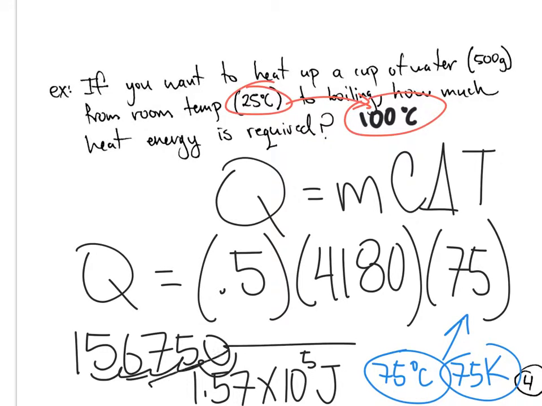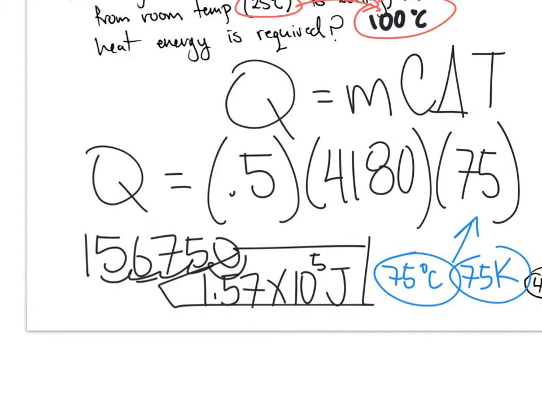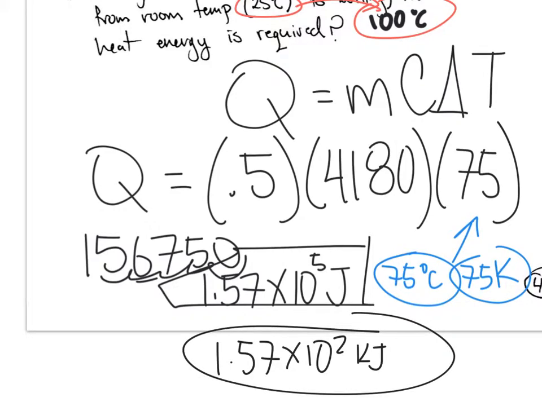Frequently, big numbers you'll see measured in kilojoules, which is 1,000 joules. So this would be something like 1.57 times 10 to the 2 kilojoules. Okay.